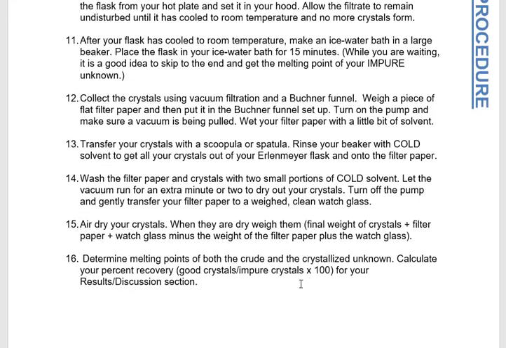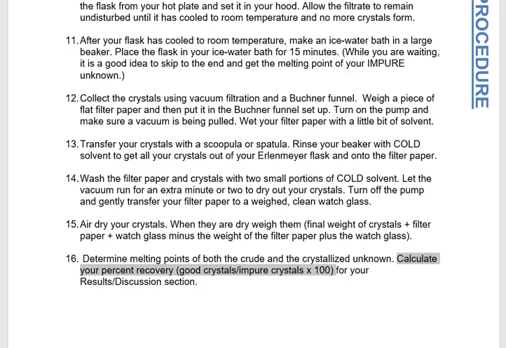For the lab report, you are going to have to calculate a percent recovery. Here's the good crystals divided by impure crystals times 100. So the mass of your recrystallized solid divided by the mass of your starting material, which is a mixture with impurities in it, all multiplied by 100. That'll give you your percent recovery.